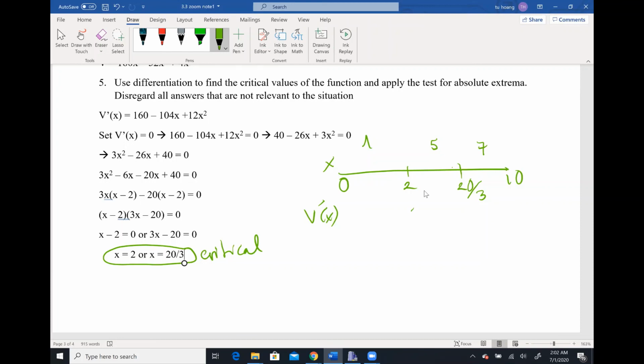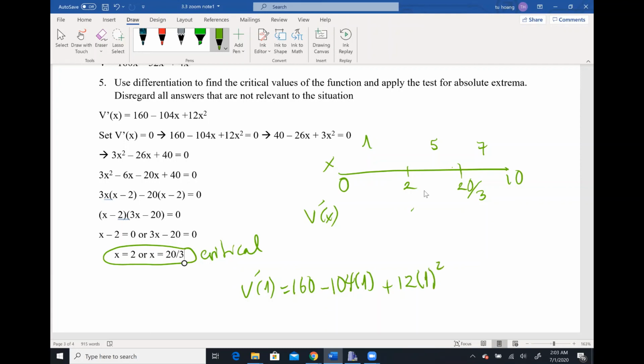So for each interval, I have to check. Say v prime of 1, what is it equal to? 160 minus 104 times 1 plus 12 times 1 squared.